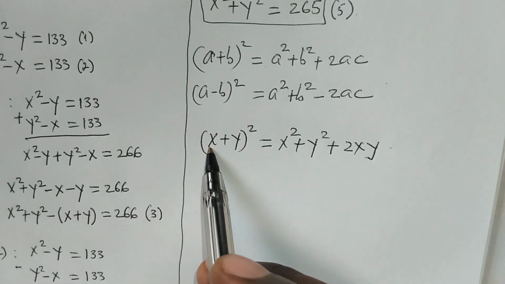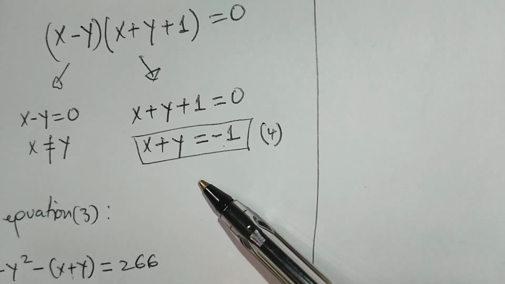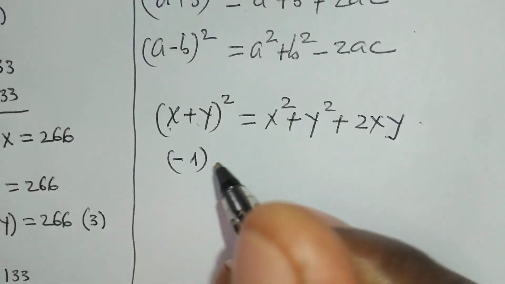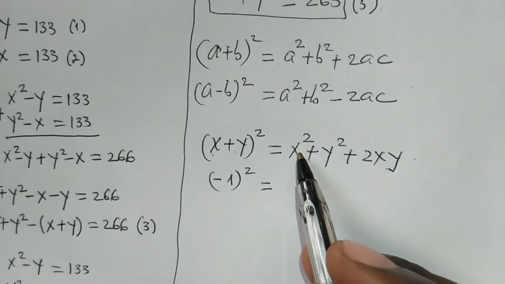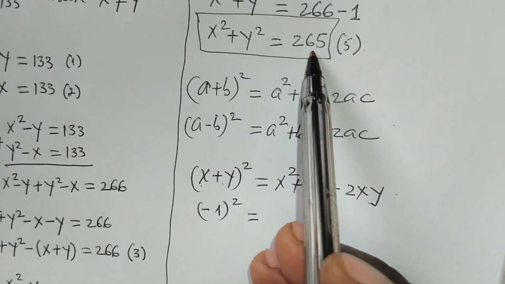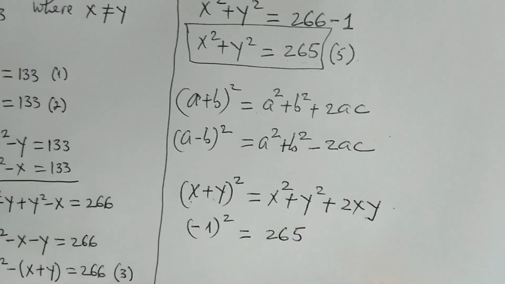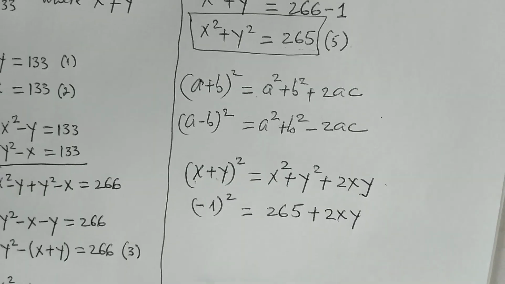We have x plus y, which is equal to -1. So -1 square is equal to x square plus y square, we have 265 plus 2xy.